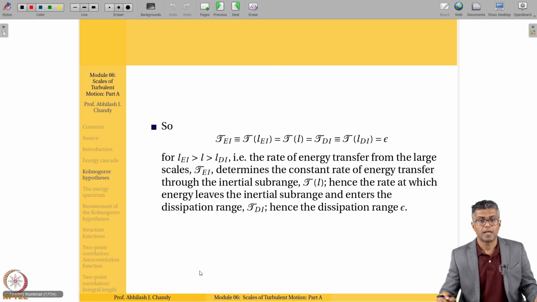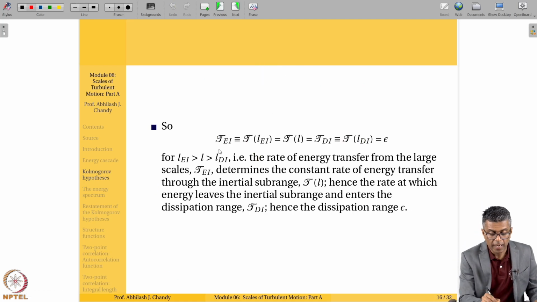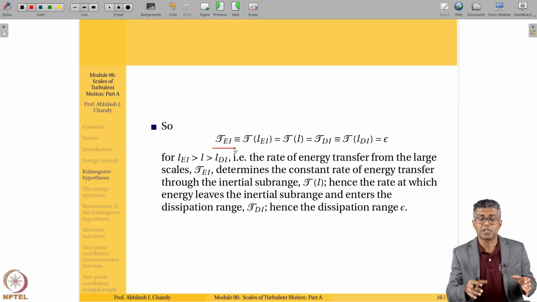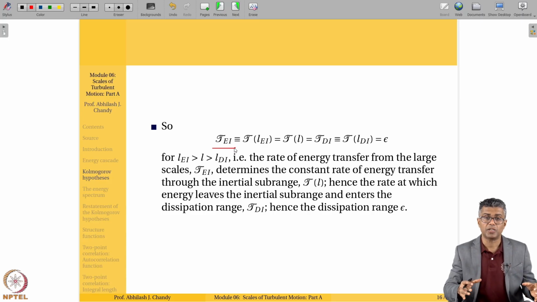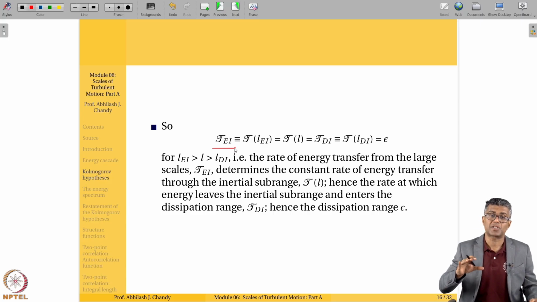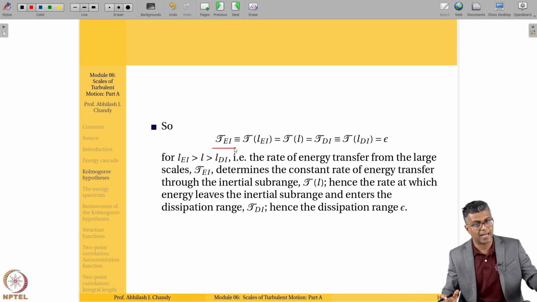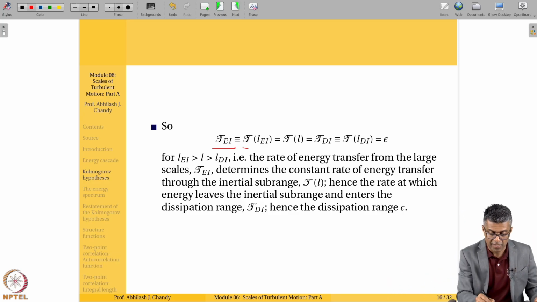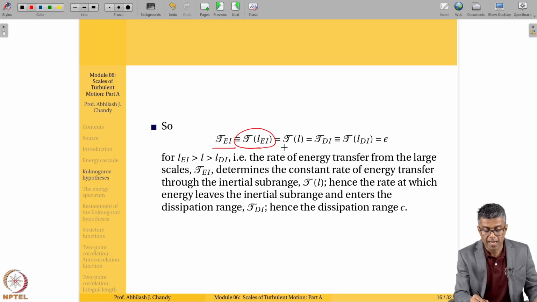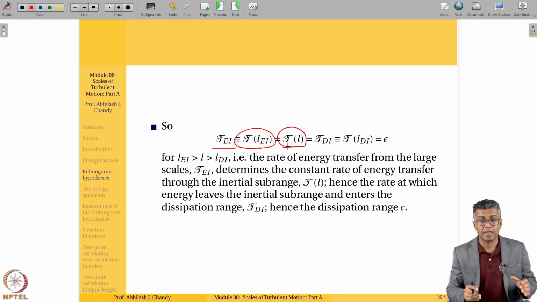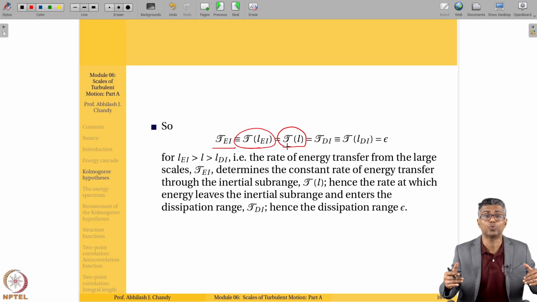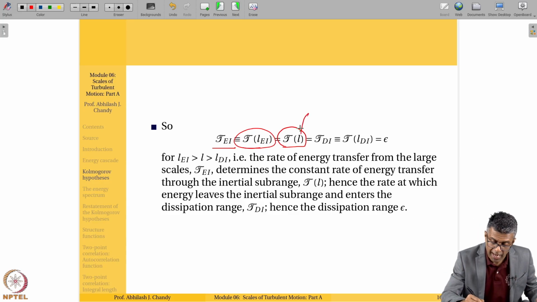This means that T_EI, which is the rate at which energy is being transferred from scales greater than L_EI to scales less than L_EI, is the same as T of L, meaning the transfer happening through the inertial subrange, because L refers to an inertial subrange scale.